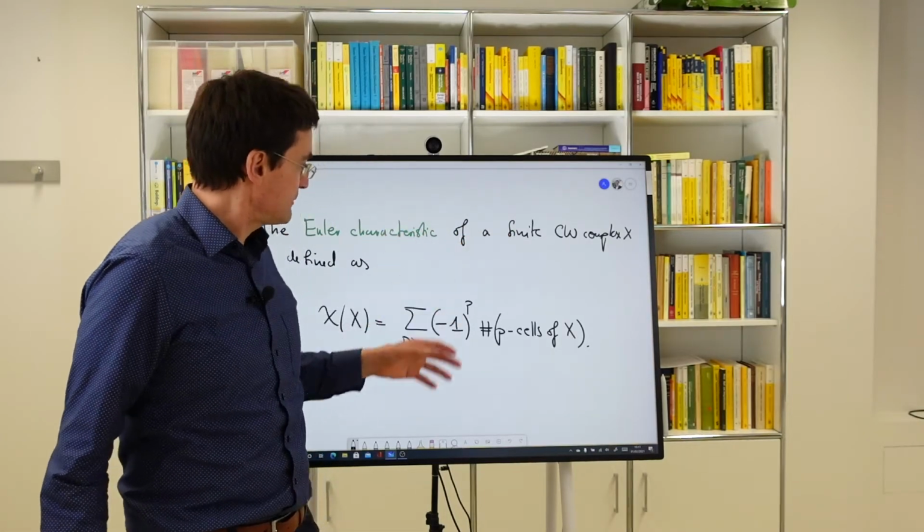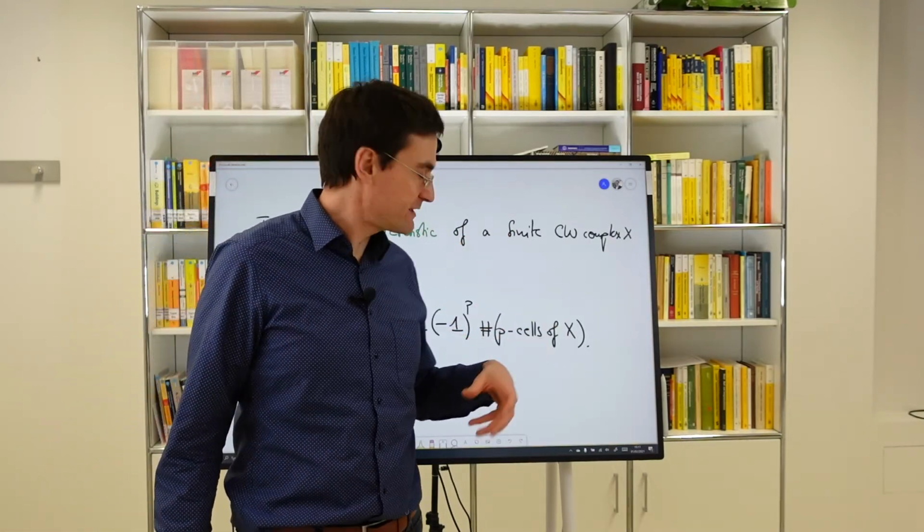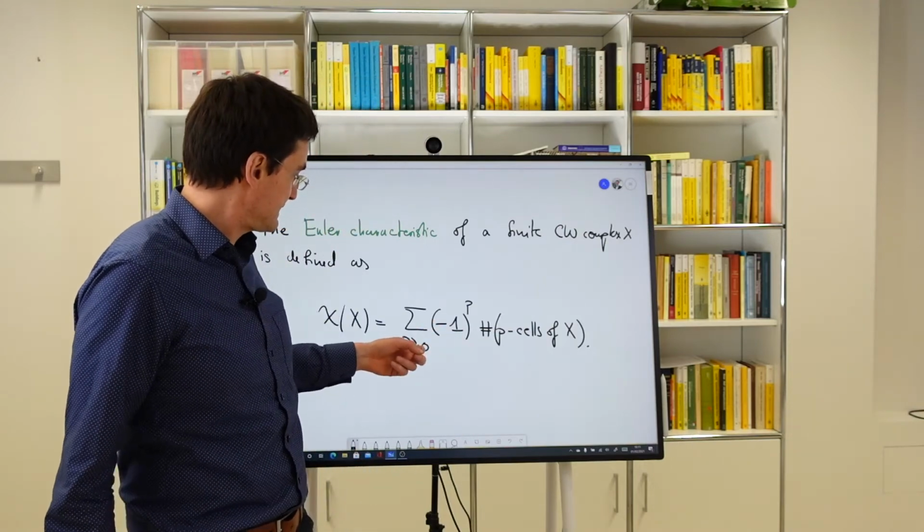We have a finite CW complex, so we have finitely many cells in each dimension. Therefore, this is indeed a finite sum.